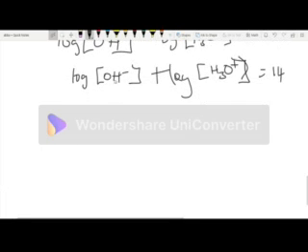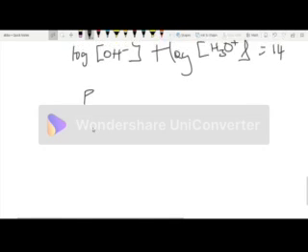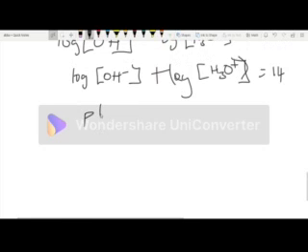We can conclude to say, remember, this is the pOH, this is the pH. So we can say the pH plus the pOH is equal to 14, like that.